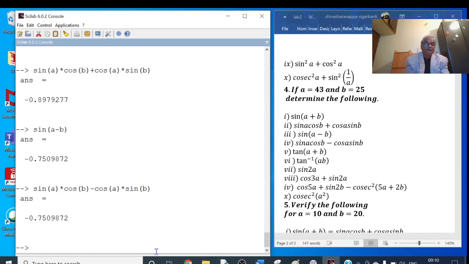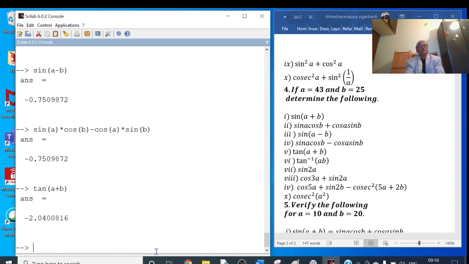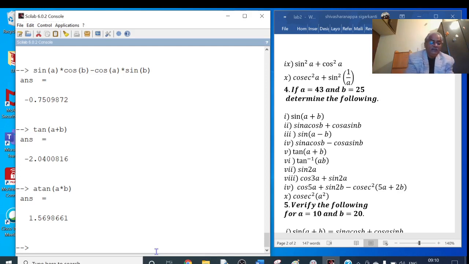Tan of A plus B: tan open bracket A plus B, press enter. This is our tan of A plus B. Tan inverse of A into B: type atan, open bracket A star B, close bracket, enter. 1.5 something. Next, sine of 2A: sine open bracket 2 star A close bracket.